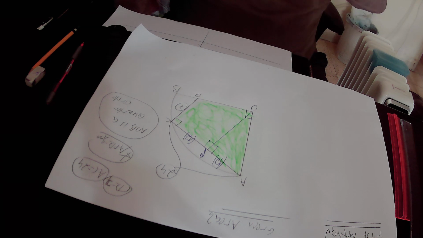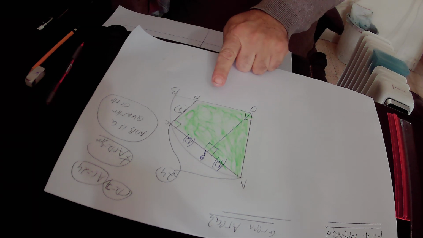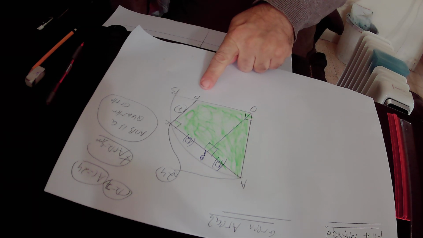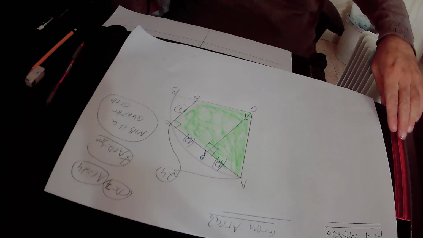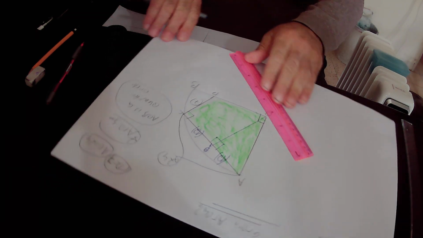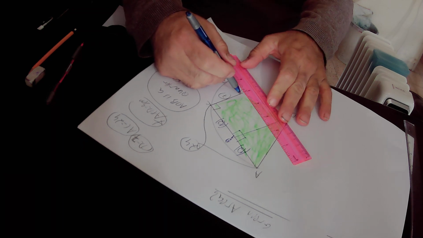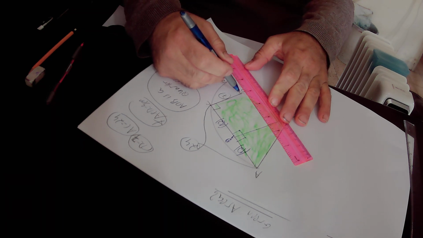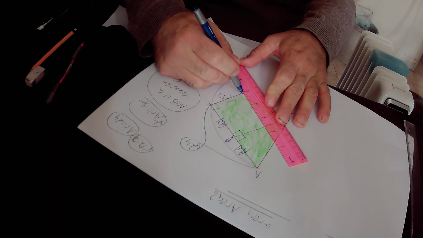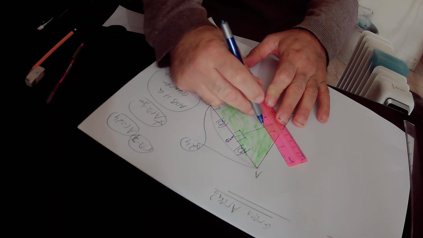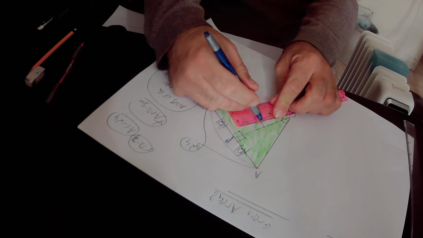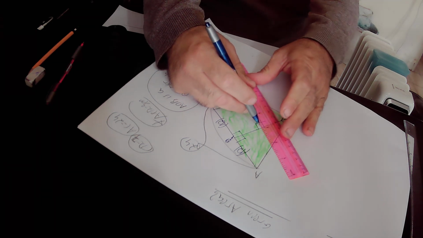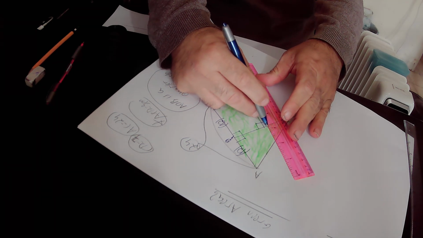In the next step, from point D, we will draw a perpendicular on OP. So this angle equals 90 degrees, and this angle also equals 90 degrees according to our construction.